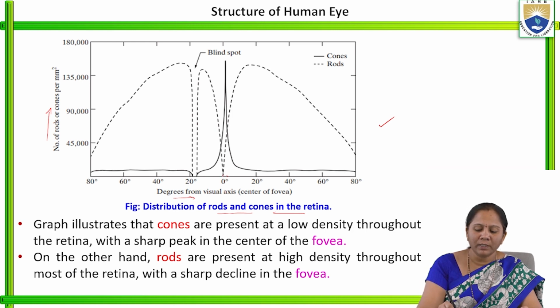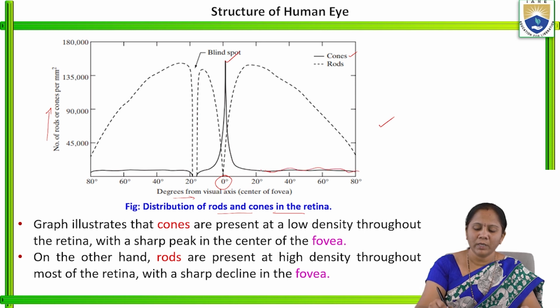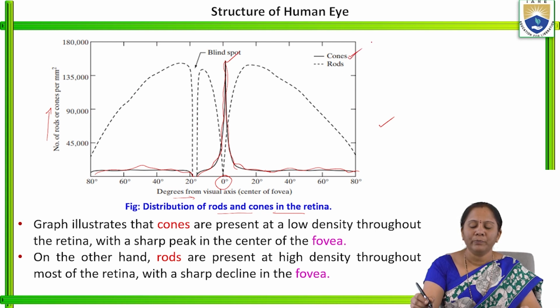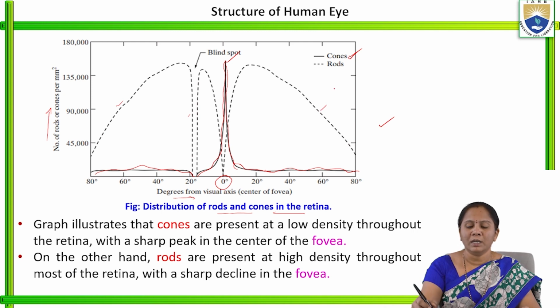If you observe here at 0 degrees, the continuous line we can see here is called cones, whereas the dotted lines are called rods.